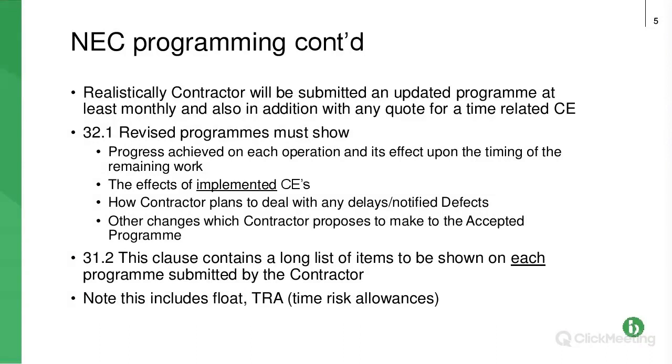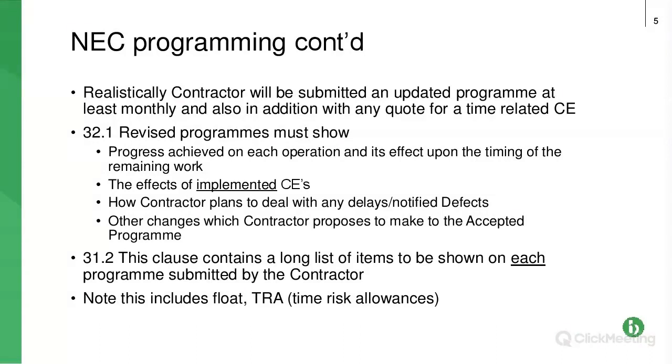So, if you are the programmer preparing these programmes, I think you need to have this list somewhere easily at hand. A lot of it is quite obvious. So a lot of it is your access date, when did you start? The contract completion date, your projected completion date, which might be different to your contract completion date.